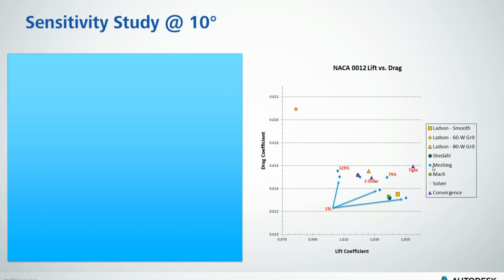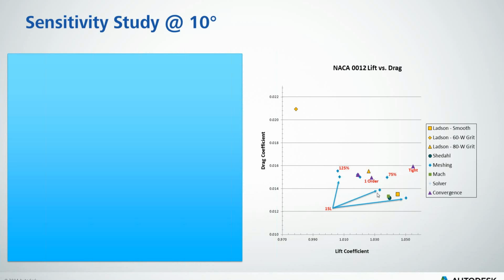Now within meshing, we changed a couple of things. We changed the number of layers, as well as, if you look back in the previous slide later, we also changed the layer factor, so the total thickness of the mesh enhancement for the 15-layer run. Okay, so if we look at the three dots pointed with 15, this is going to be a little bit thicker.